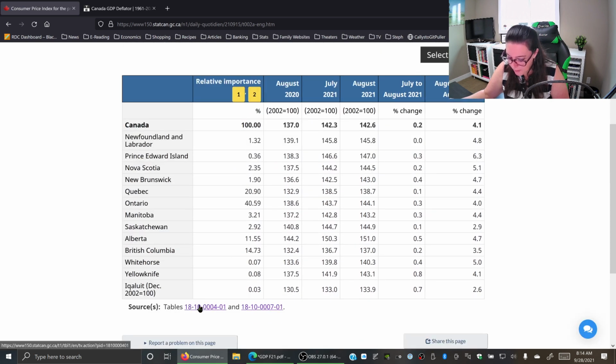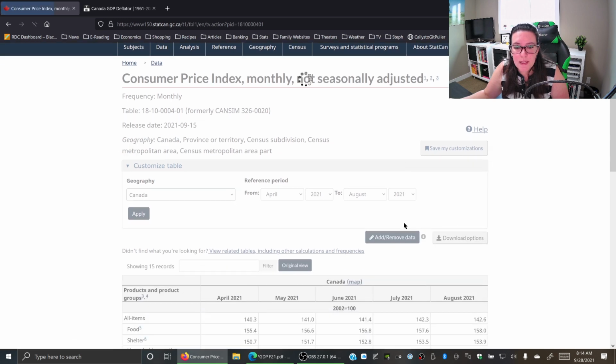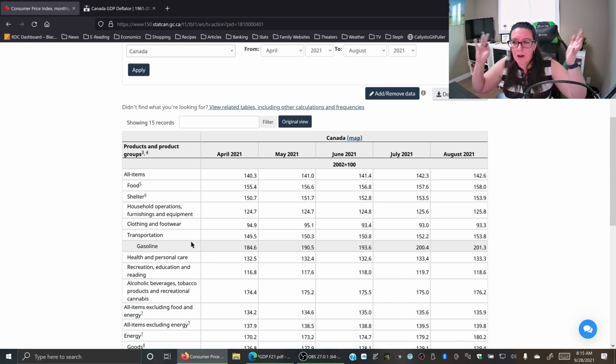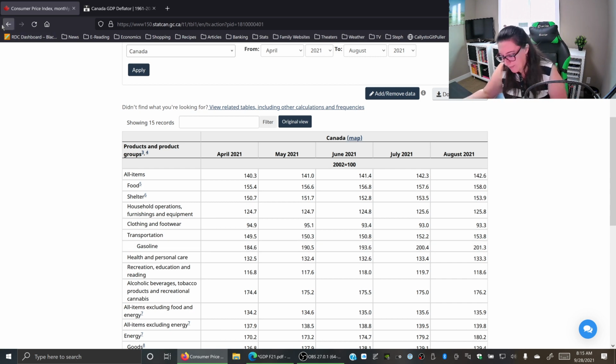So here was by province, but if we went here into this link, we could see inflation for a period of time by these different types of goods or products. So you could look at what's happening with the price of gas for any period of time, right? New minus old divided by old for your CPI for gasoline.